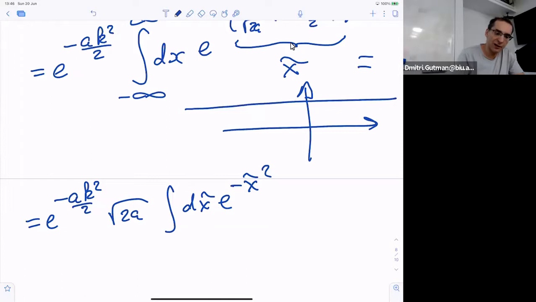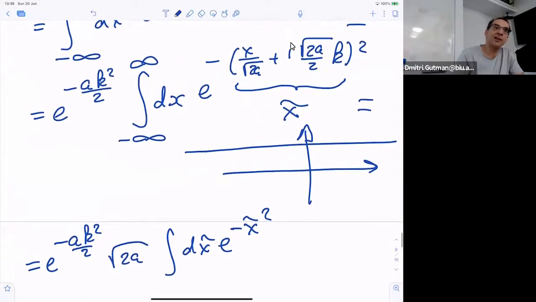It no longer runs along the real axis because we have shifted it by this much. But now we know that in complex analysis we're allowed to move the contour of integration as long as it does not cross any singularities.